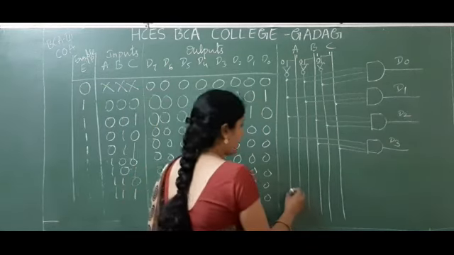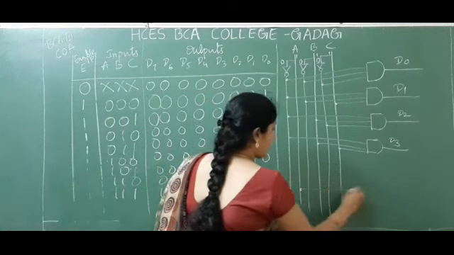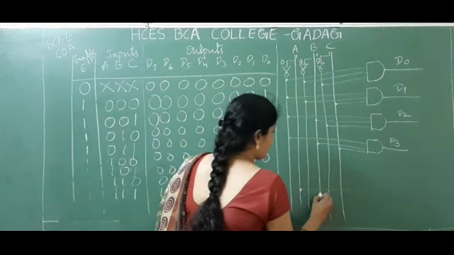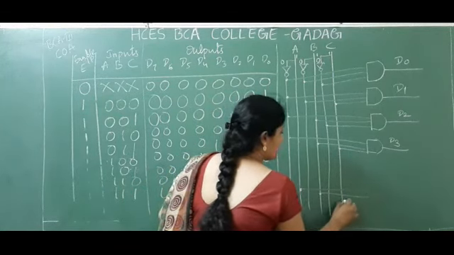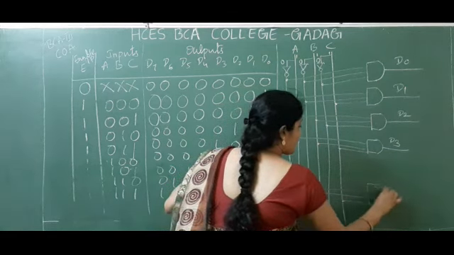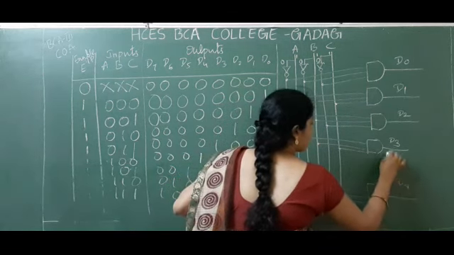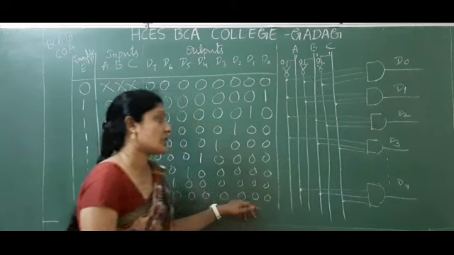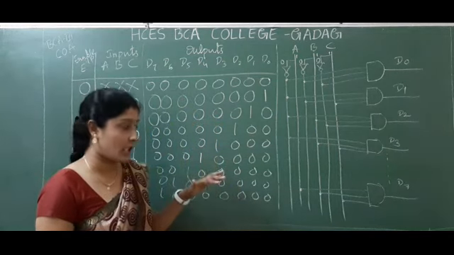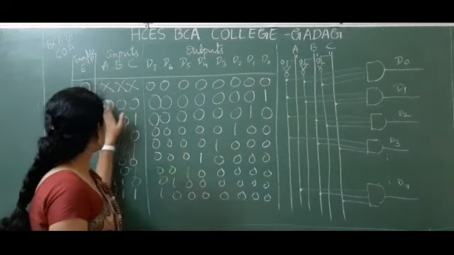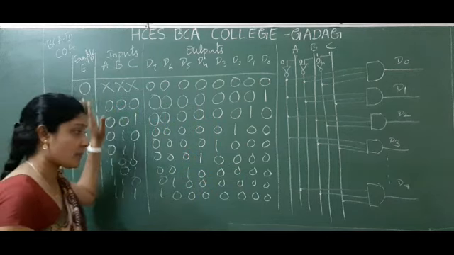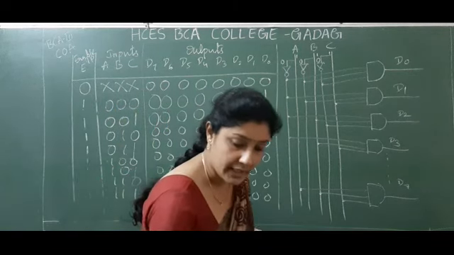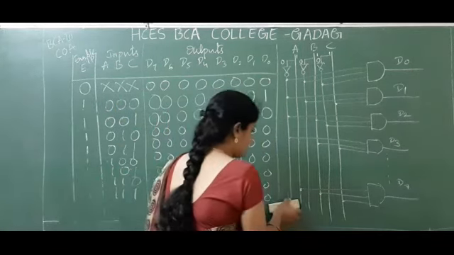What is 1, 1, 1? 1, 1 and this is 1. So this is how we have to draw the logic diagram, and one more is there, that is enable. So enable switch must be there. So that we will take at the end here.